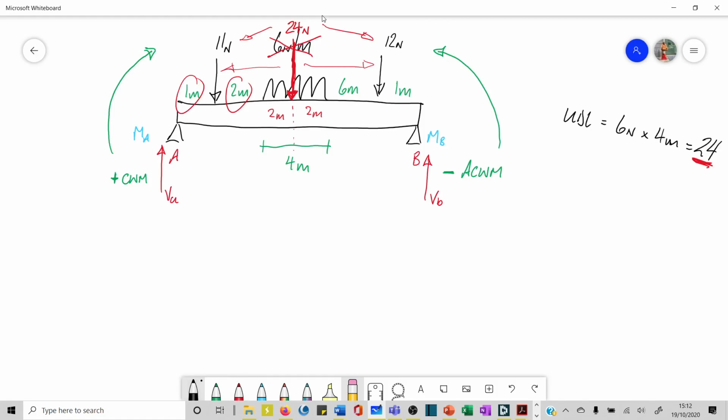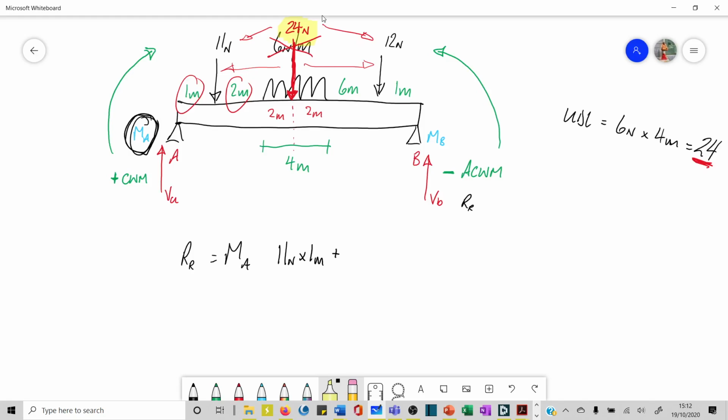We can say that the right reaction equals moment around A, which is this one here. If we're looking at the right reaction, we start with moment around A. So that would look like 11 newtons times 1 meter, plus, now here's where it comes in, 24 is the next force along, because we converted the UDL into a single point load, straight down the middle.